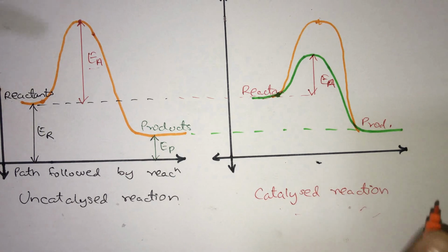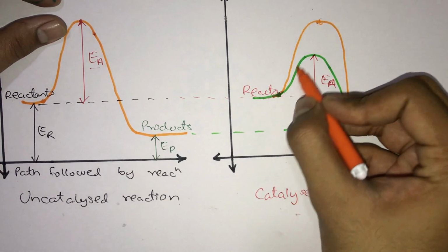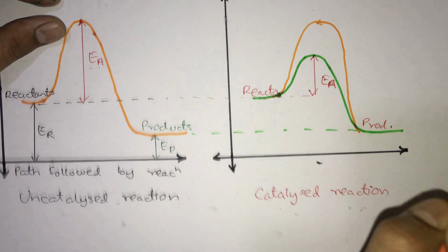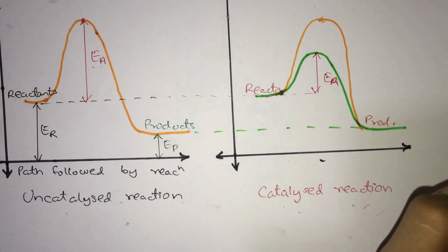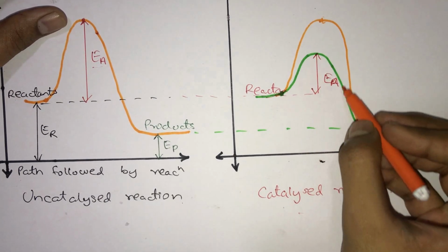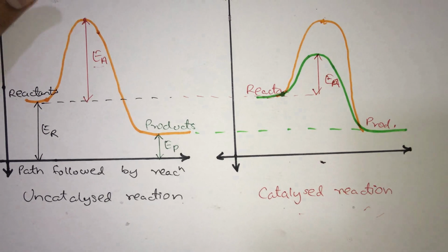As if you observe over here, the orange color path is more and it will obviously require greater time, and the green color path is less and it will require less time. So guys, I hope that you have understood what is a catalyst and you have got a fair idea about its general characteristics as well.